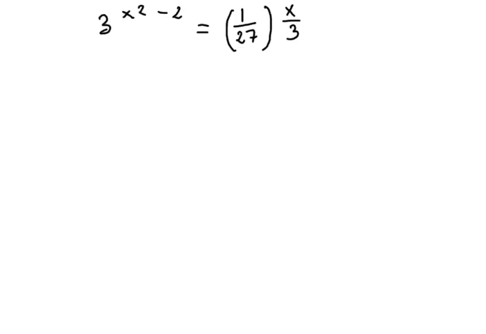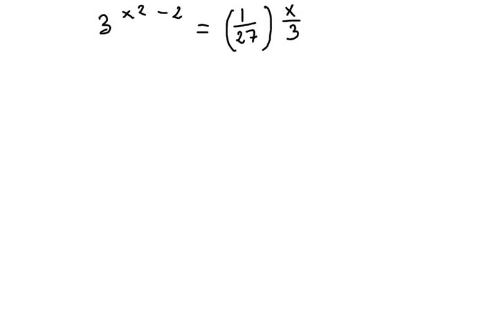Okay, so now a new equation. The left hand side, the base is 3, exponent x squared minus 2. The right hand side, 1 over 27 to exponent x over 3. So this is the exponent.